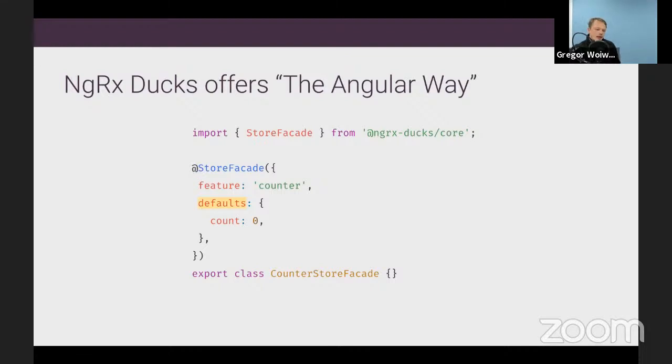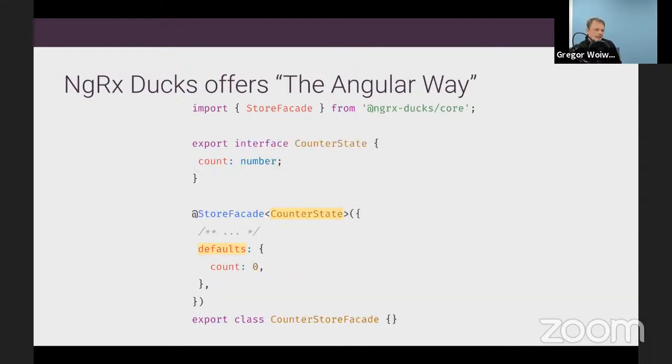And I think this is a pretty easy API because the mental model of Angular also offers this way to go with, right? We already know the @Component decorator, the pipe, the directive, the injectable decorator, and all of those also can take a configuration, and ngrx-ducks really does the same here.